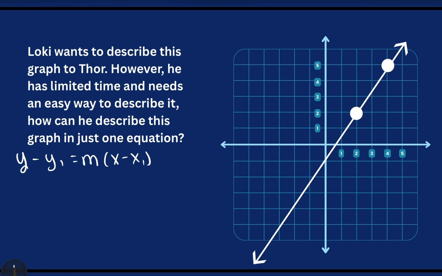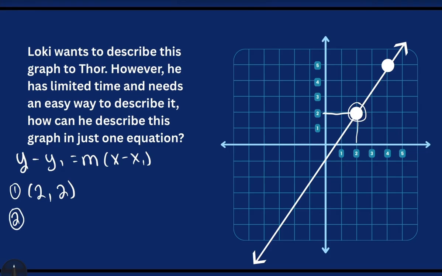So let's pick our first point, which has to fall on the line of our graph. It could be any point as long as it lands on the line. For example, this one, which we can see is (2, 2). So that's the first thing, our point.